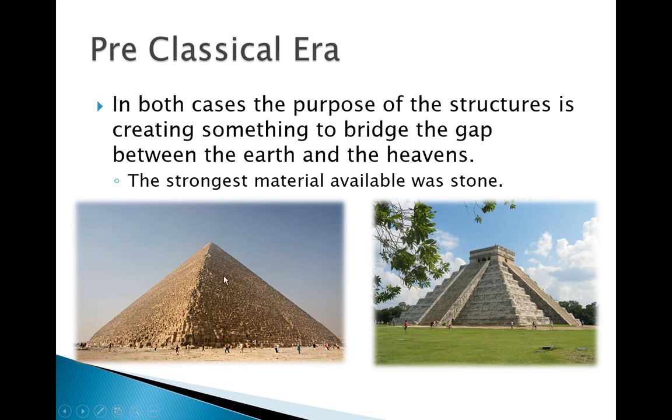In Egypt, we have the Great Pyramid of Giza, which was the tomb of the pharaoh. And in South America, we have the Aztecs and the ziggurat, where the religious leaders would perform sacrifices, believing that these sacrifices would appease the gods and continue to provide rain to grow the crops. So again, large-scale architecture, mainly using stone, mainly focusing on the afterlife and the unearthly, the unknown.